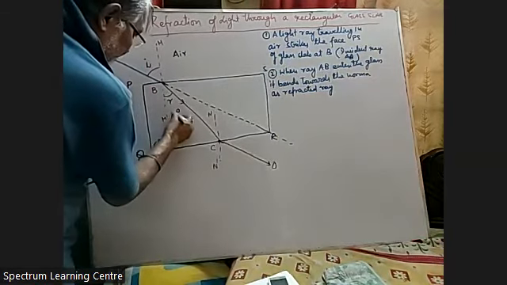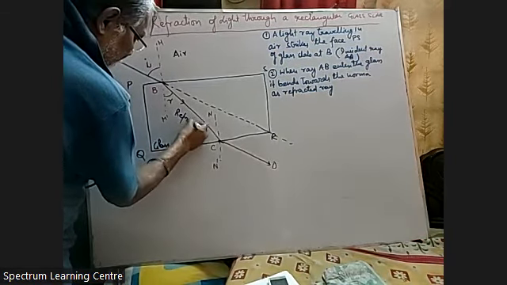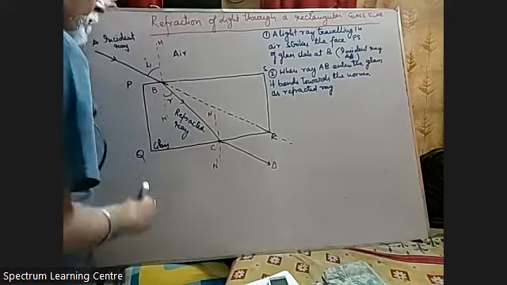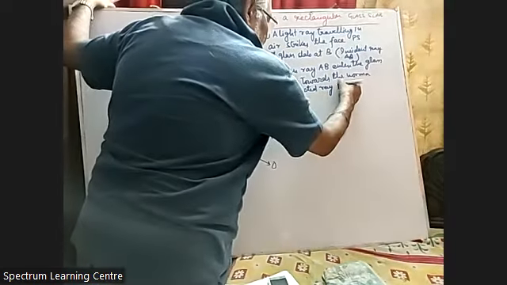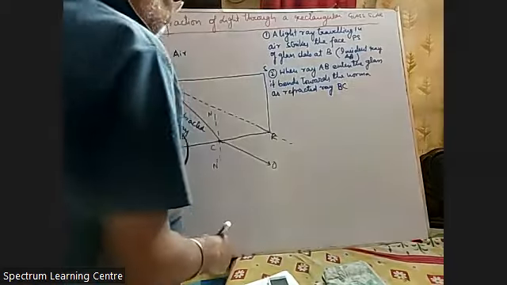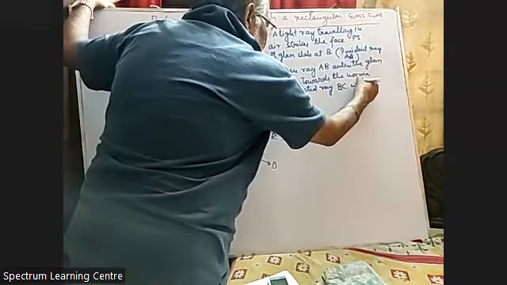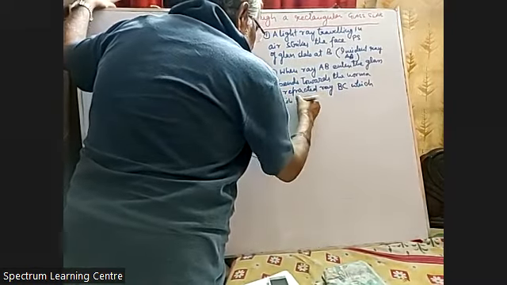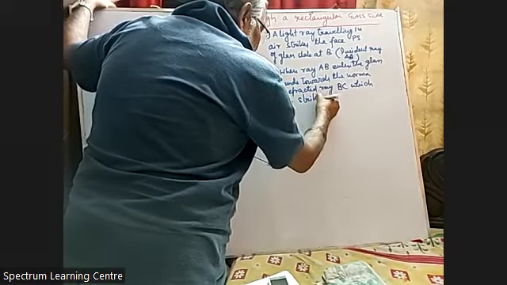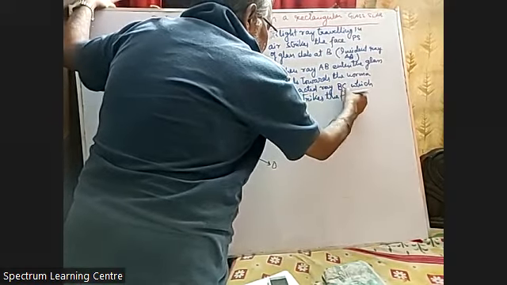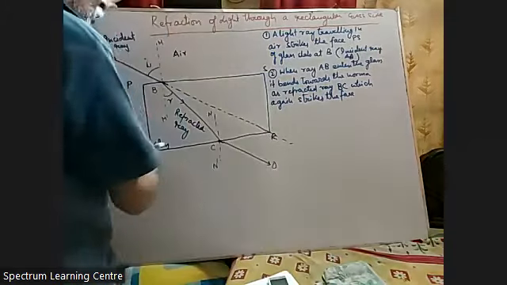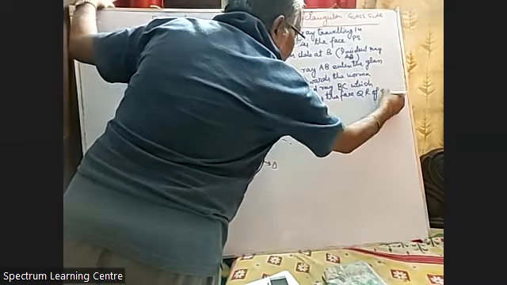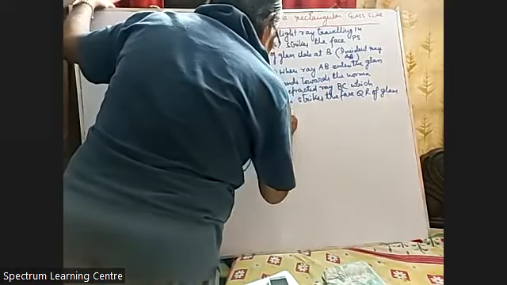So this is your refracted ray, refracted ray BC, which again strikes the face QR of the glass slab.